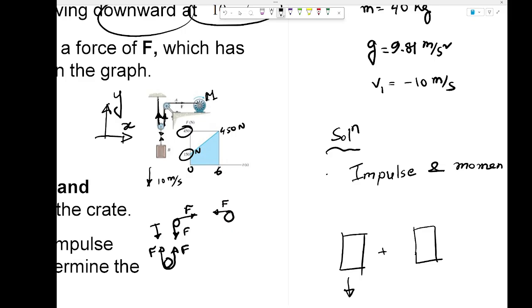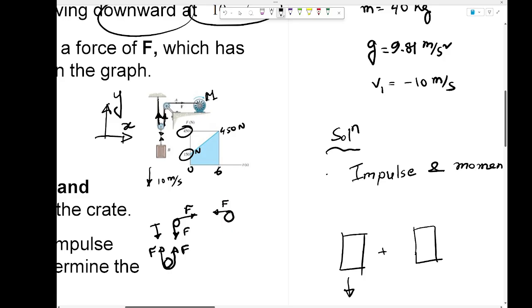Think this way: even if the motor is pulling with a force, the crate can experience twice the force. Now, energy-wise, that's a different concept. Energy is always the same. There is no additional energy suddenly popping up for this to be twice the force. That is a different concept, but force definitely follows this principle from Newton's second law.